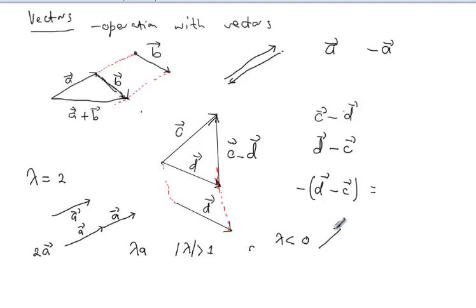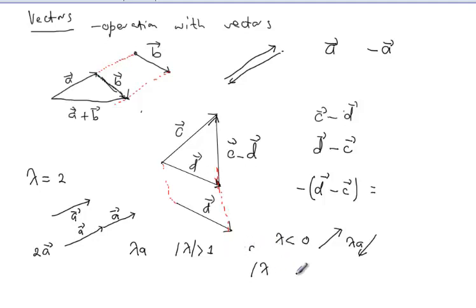If A is looking in that direction and lambda is negative, lambda A is going to look in the opposite direction because it changes orientation. Am I making myself clear there? Okay. But again, if the absolute value of lambda is greater than 1, whether negative or positive, the resulting vector is going to have a bigger magnitude than the original one.